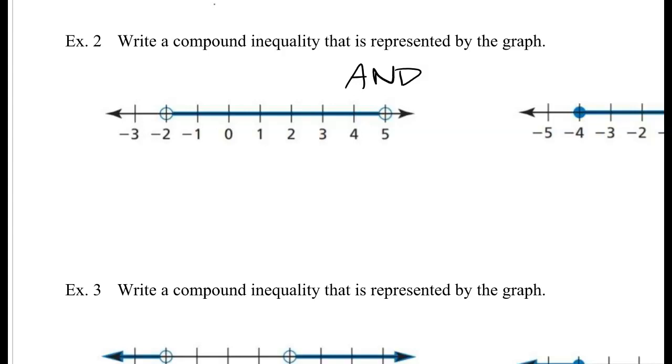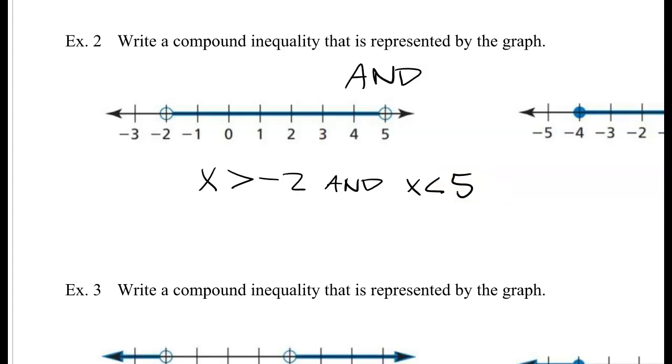So one way I could write this is x is greater than -2, and let's go ahead and switch over to the +5 dot. The +5 dot has shading to the left of it. That means those are numbers that are less than +5. So I would say x is less than 5.